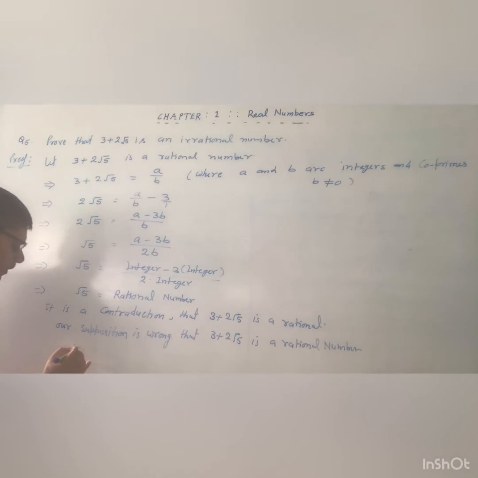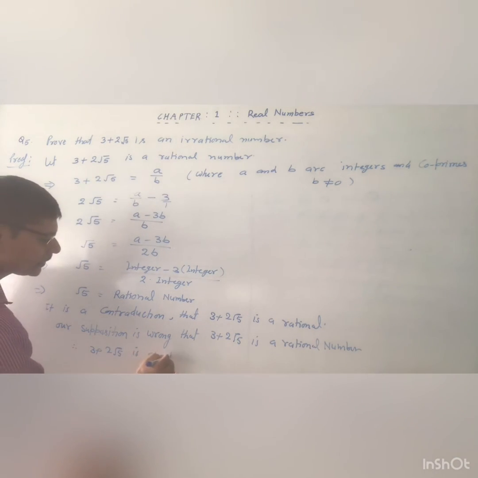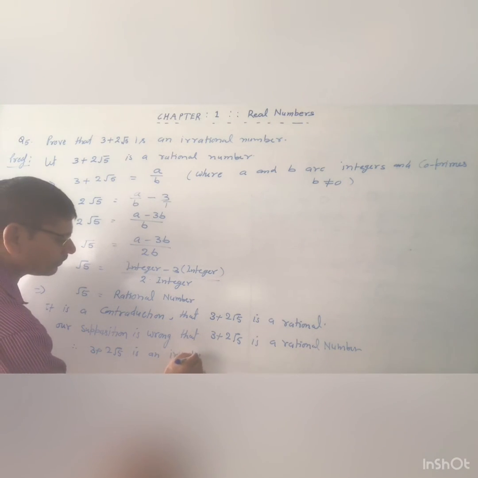Therefore our supposition is wrong. Therefore, 3 plus 2 under root 5 is an irrational number.